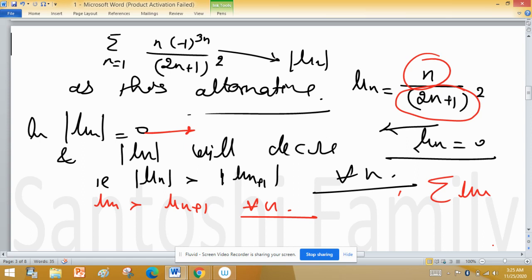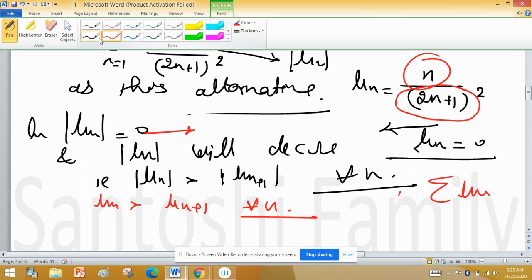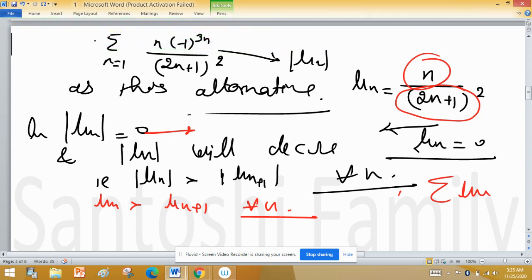But if a series is convergent, then the limit of its general term will be 0. So the converse is not true, but the forward part is true. It means if summation un converges, then limit un equals 0. I use this fact.